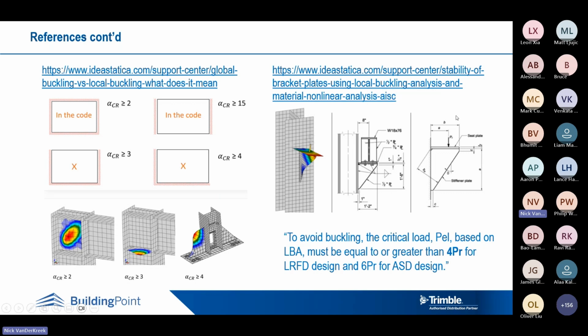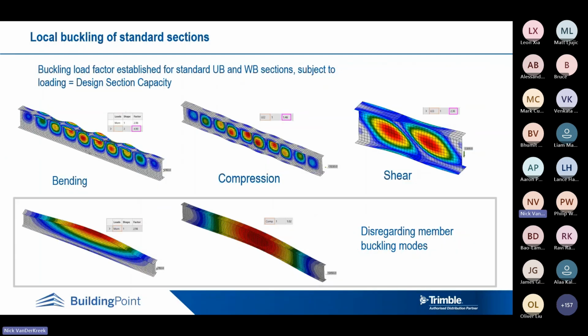We'll send you these links to everybody who's registered, so you can quickly go to these various articles. But this research has indicated for load resistance factor design, so similar to Australian limit state design, we should have a buckling load factor of at least 4. So something to be aware of, I guess.